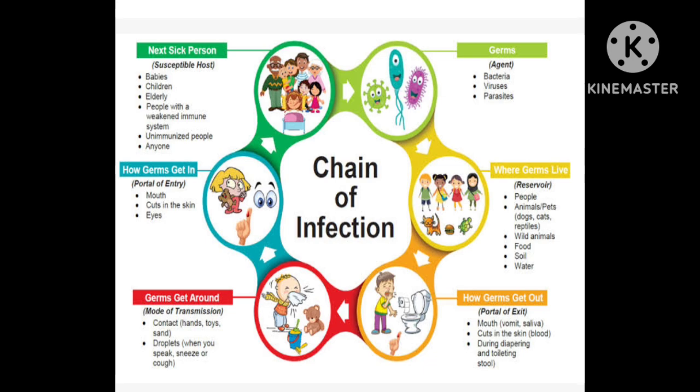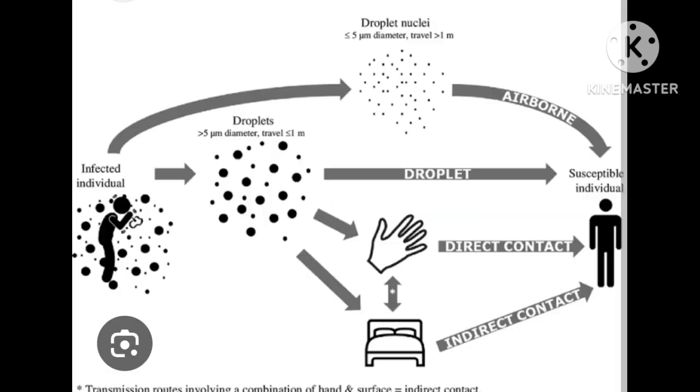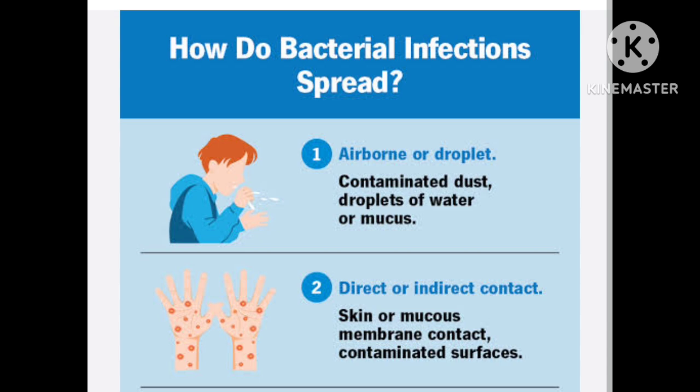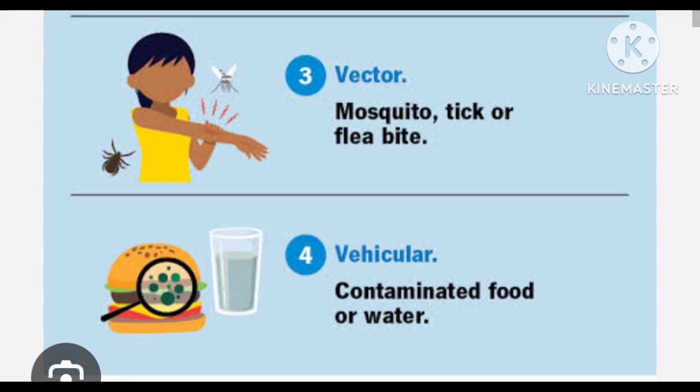Then droplet infection means through wind, through cough, through sneezing. These are how infectious disease will spread from one person to another person.